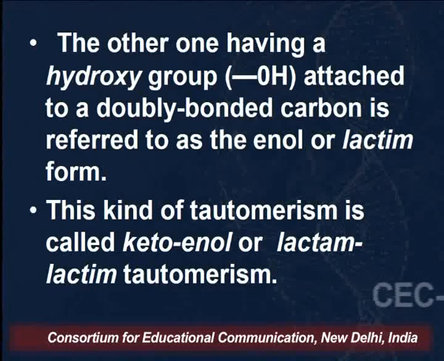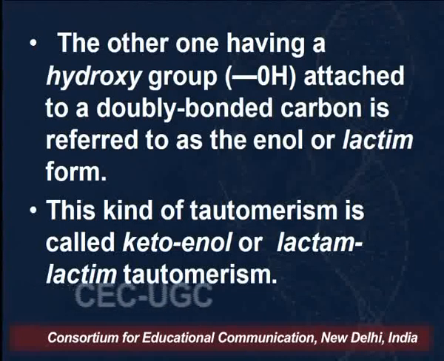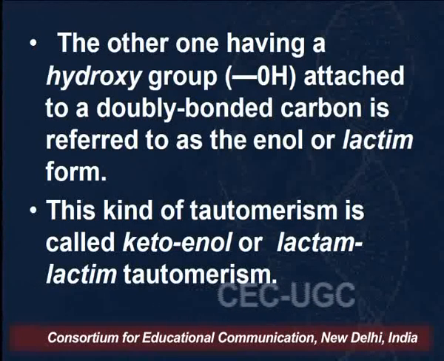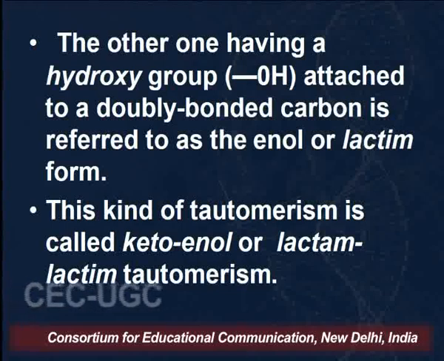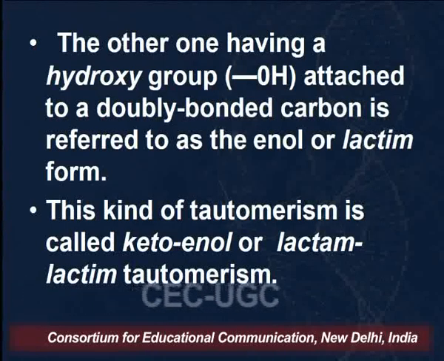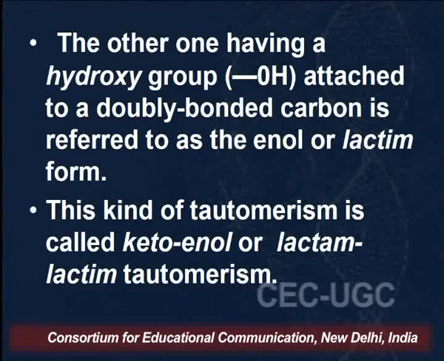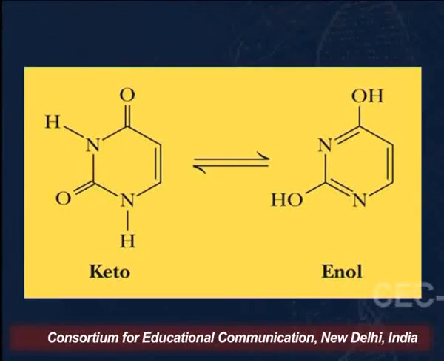The tautomer containing the carbonyl group is designated as the keto or the lactam form, and the other one having a hydroxy group, that is an OH attached to a doubly bonded carbon, is referred to as the enol or the lactim form. This kind of tautomerism is called keto-enol or lactam-lactim tautomerism. On your screens now you can see the keto form. In the keto form of the molecule, we have carbonyl groups.